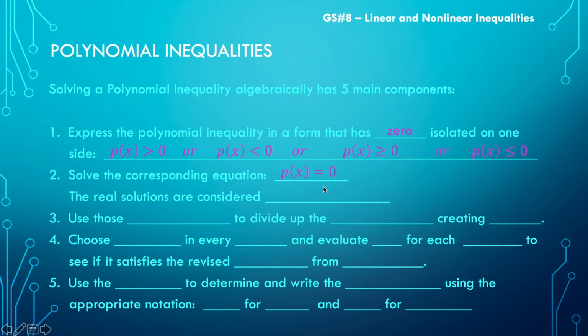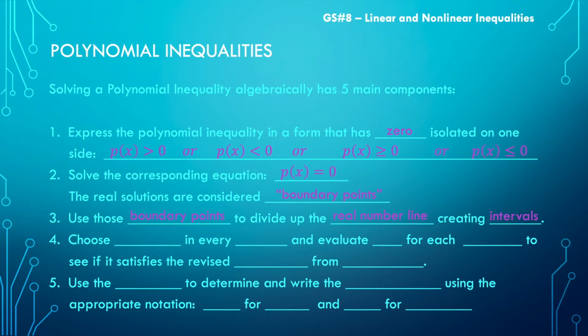And when we find some real solutions, those are considered to be boundary points. So when you find those boundary points, we move into step 3 and we use them to divide up the real number line. And that's going to divide it into sections. We're just going to call those intervals.